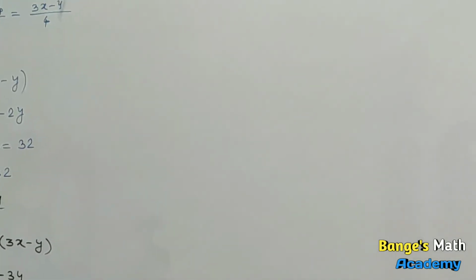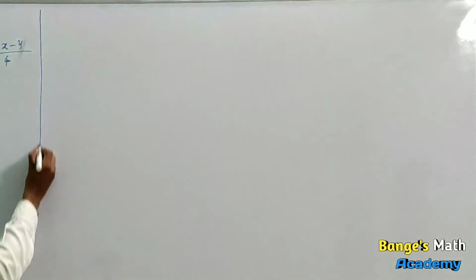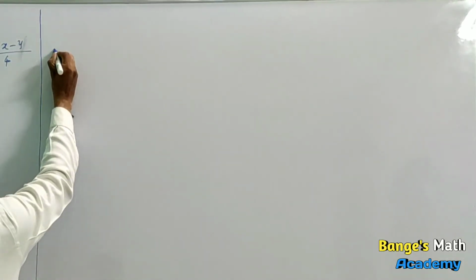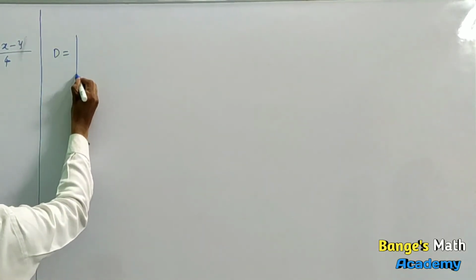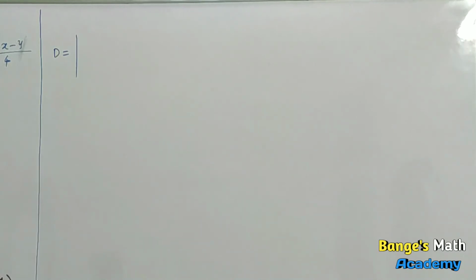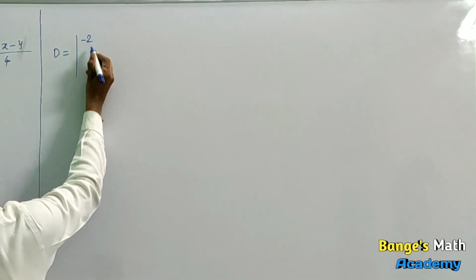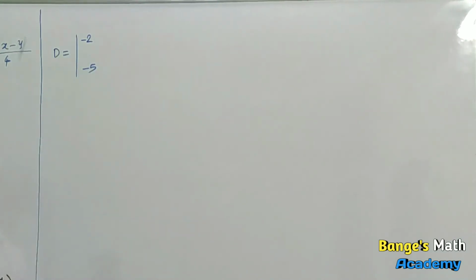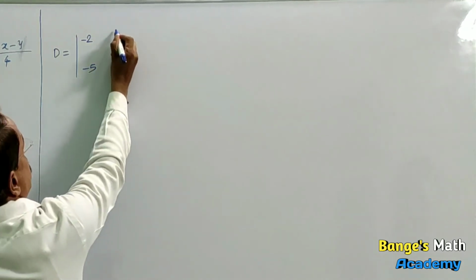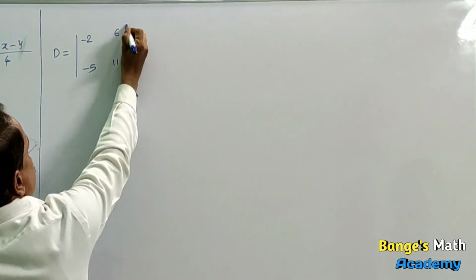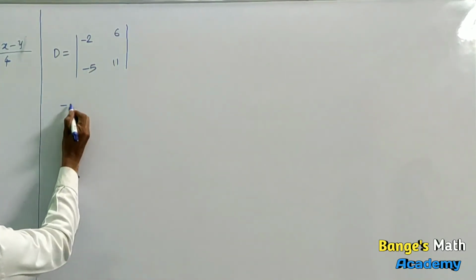Then find D. To find D, in first column write down coefficients of x: minus 2, minus 5. In second column, write down coefficients of y: 6, 11. Simplify this.